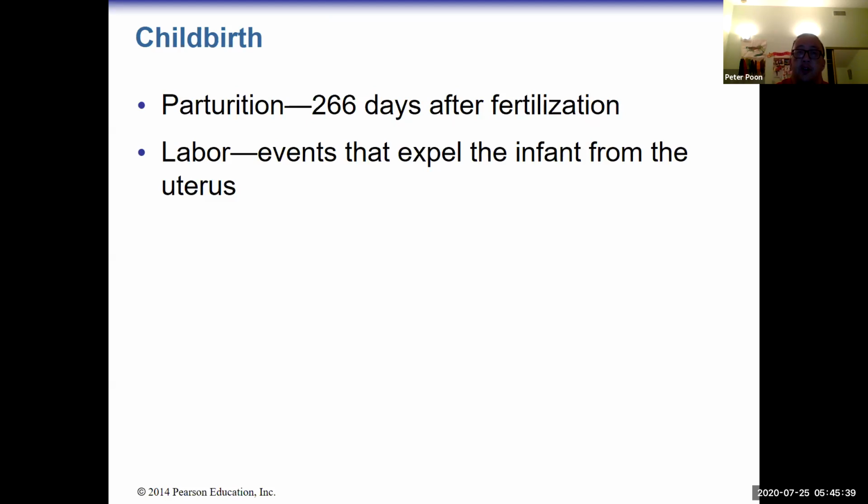Childbirth occurs 266 days after fertilization. Technically they consider pregnancy to be 280 days. So there's 14 days missing here. The 14 days are actually from the day of your last ovulation. There's 14 days before fertilization.